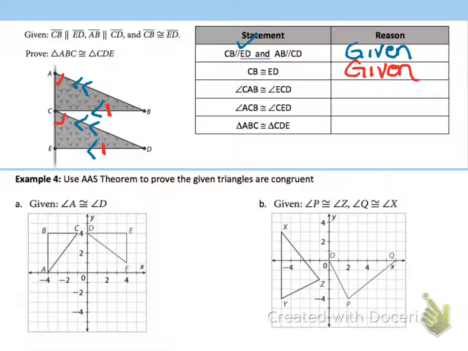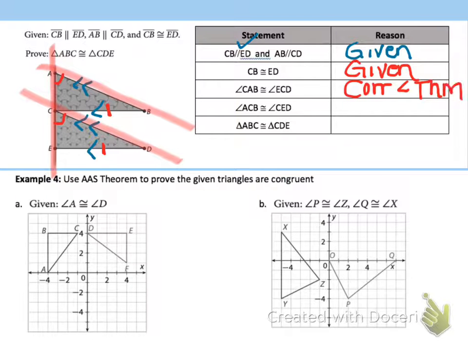Well, okay. So they told us that these lines right here were parallel. And this line right here ends up being a transversal. Now this probably really helps when I highlight that. So that's a good strategy to use. But now when you look at those angles, you can tell those angles are corresponding angles. So the corresponding angle theorem says if they're corresponding and the lines are parallel, they must be congruent.